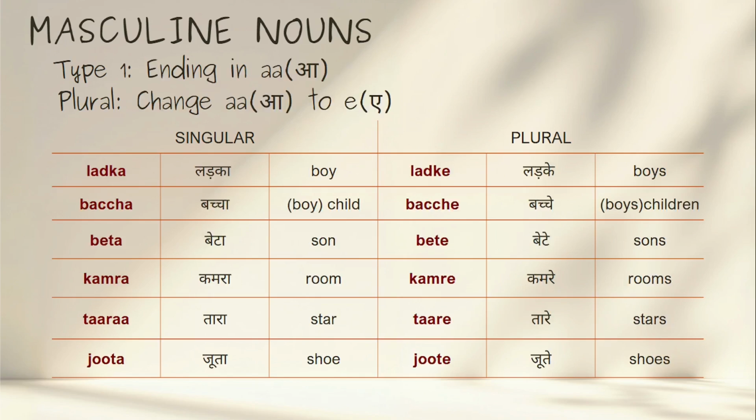Words which are here on this page are all male words ending in "a". So ladka, which means a boy, is obviously male. And the plural for all of these male words that end in "a" also changes the ending: ladka becomes ladke, which is boys.